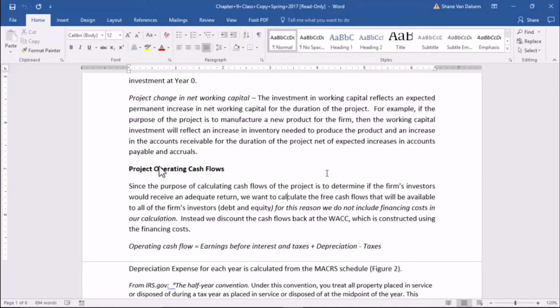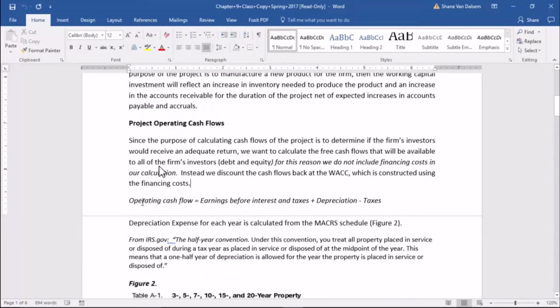We paid for our inventory, we paid for our employees to work, we paid for the utilities, and everything that's left over in terms of cash is now available to pay out to the firm's investors. This does not include paying out money for interest expense because the bondholders are investors to the company. So we don't include financing costs, meaning interest expense, in our calculation. Instead, we discount the cash flows back at the weighted average cost of capital, which is constructed using the financing cost.